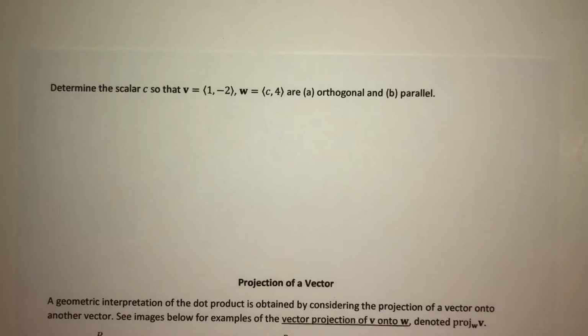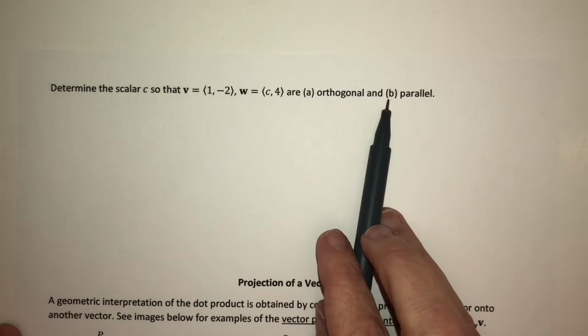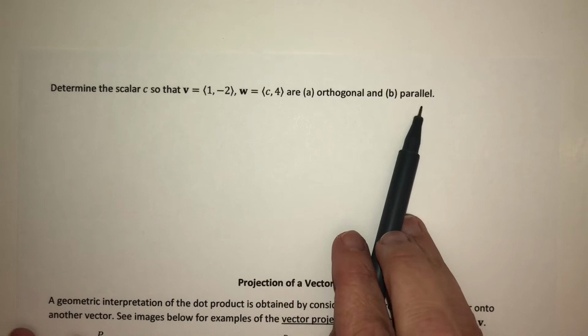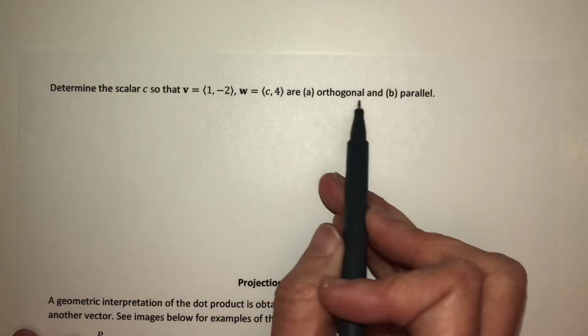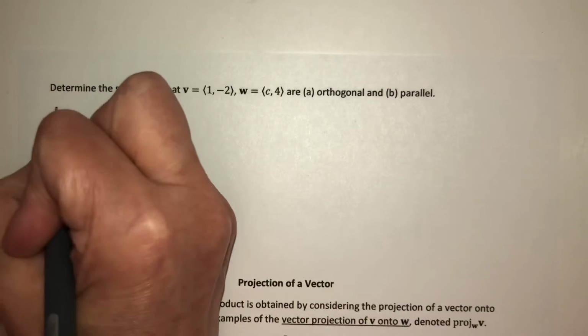So let's look at this one. We want to determine the scalar value c so that the vector v, which is (1, -2), and w, which is (c, 4), are first orthogonal and b parallel. For part A, I would need the dot product to equal 0.